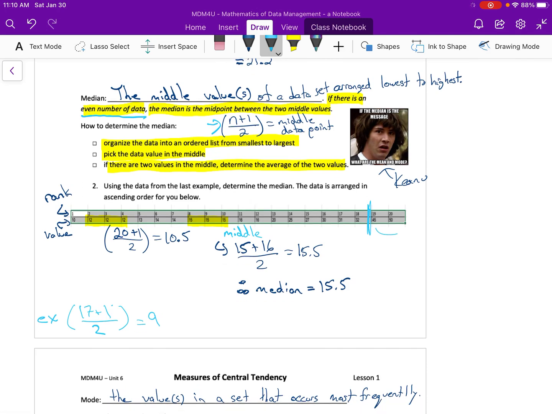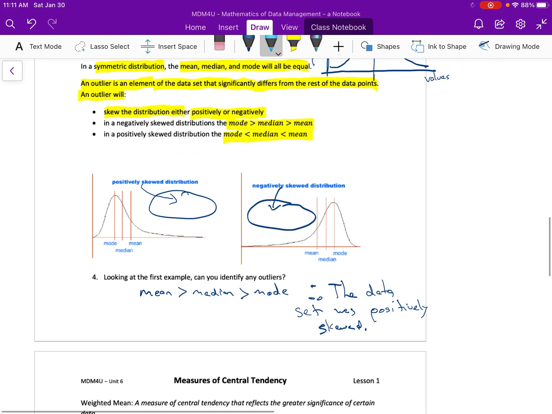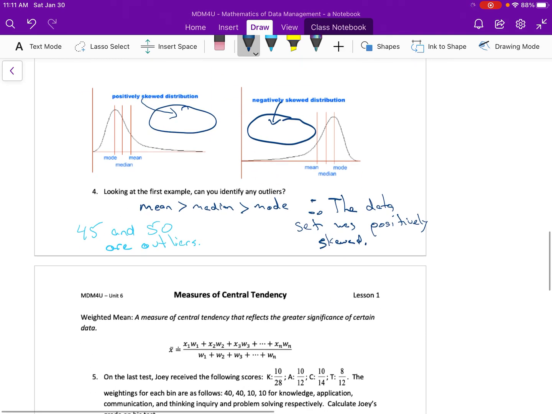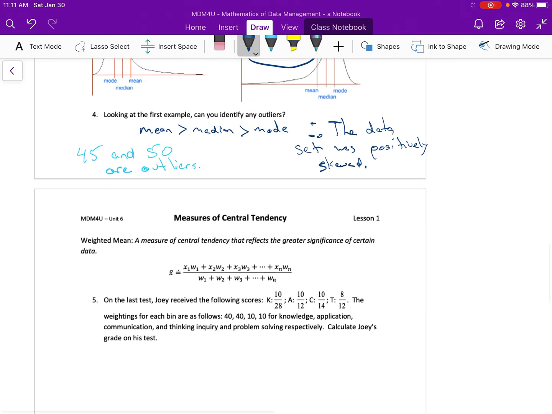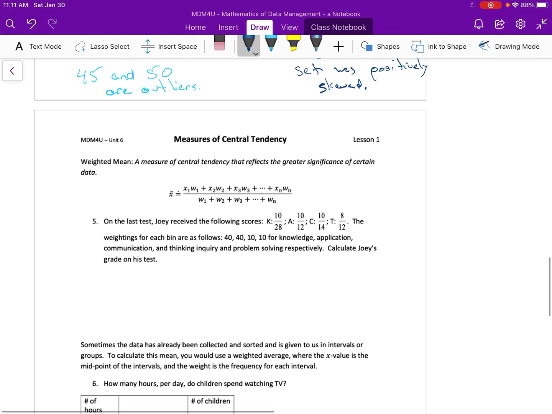Because there's such a spread between the 18th data point and the 19th, we can say probably that 45 and 50 are outliers. Again, we're going to find a way to do that more precisely later on.